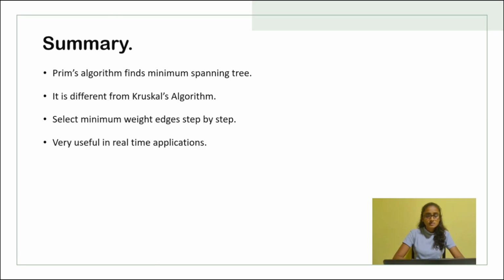Using a greedy approach, it always picks the edge with the least weight. It's especially efficient for dense graphs and in optimized versions. It uses a priority queue to speed things up. This makes it very useful for real-world problems like designing networks, roads or electricity grids.